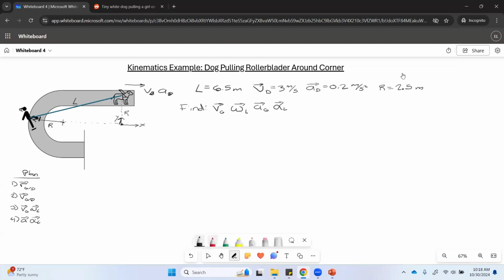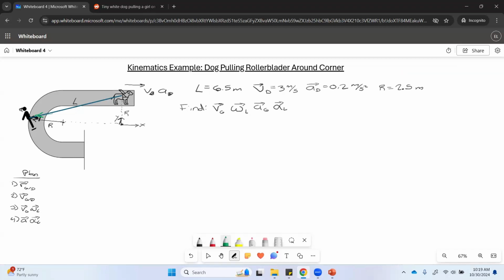So let's get a different color here. We know the vertical distance here between the girl and the dog. So R of G with respect to D, it starts at the dog and it goes to the girl. So it is this vector. Okay, so that is negative y, negative x.